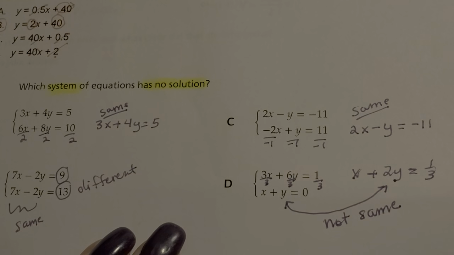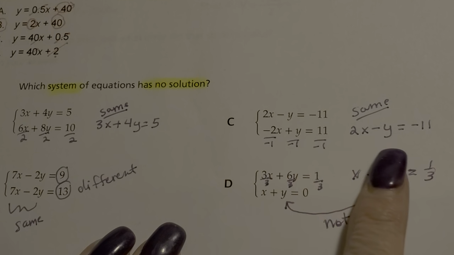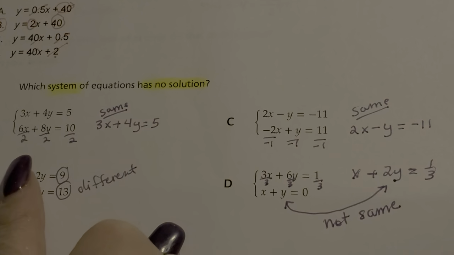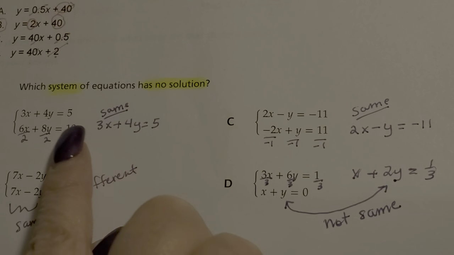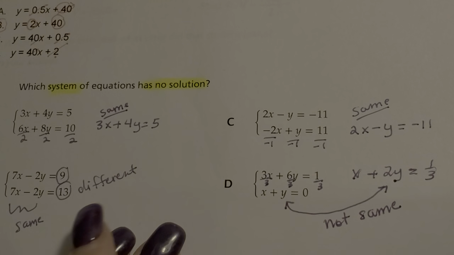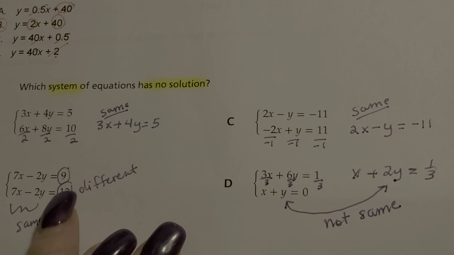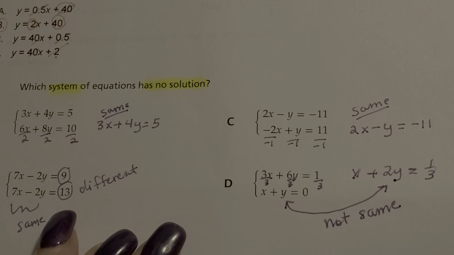Question 32 says, which system of equations has no solution? I have gone through and eliminated any multiples. If I divide by 2 here, I end up with the same equation. If I have the same equation on the first half, but my constants are different.